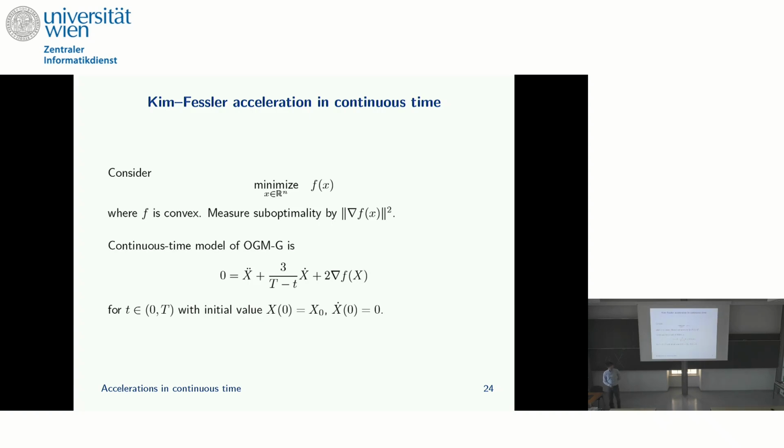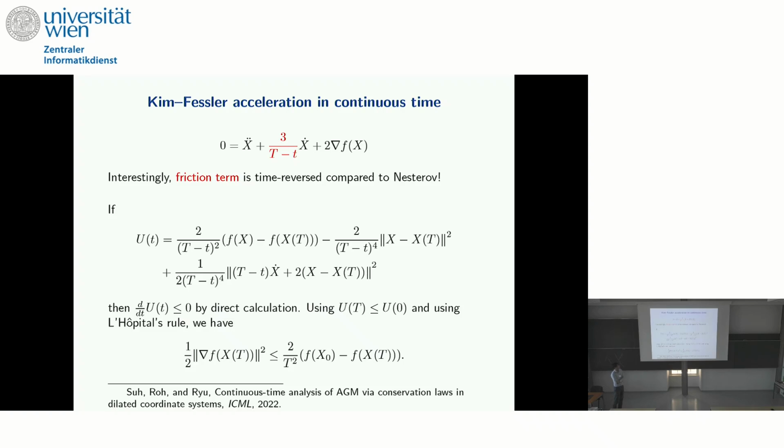For Kim-Fessler acceleration, again, we return to the problem of minimizing function value. We'll measure suboptimality by gradient magnitude. And this is the continuous time model. Ignore the factor 2 because it's not that important. If you observe this, this is quite interesting, isn't it? Because we have a similar mechanics interpretation.